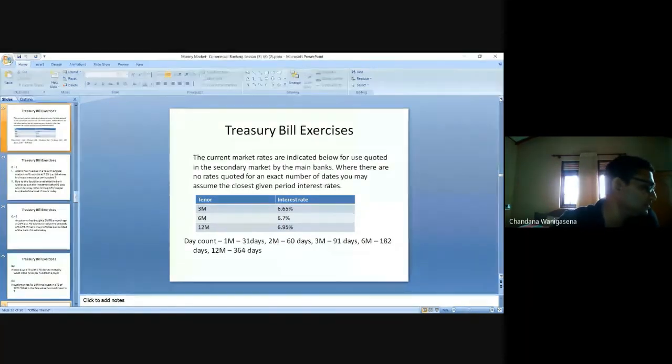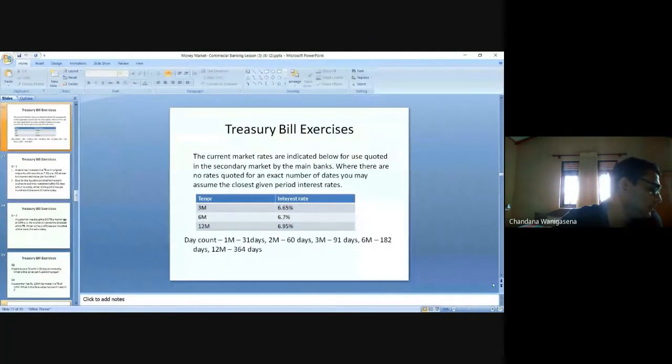For the second step, you have to put again 100 divided by 1 plus, within brackets, 6.65, right? This time around you can put 62 days, since 1 month has gone, and 364 divided by 100.